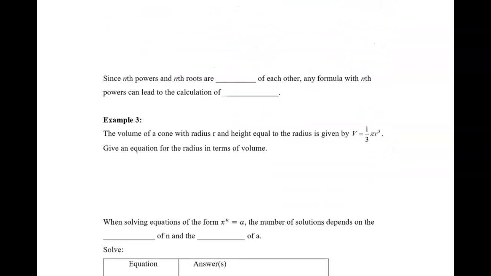Since nth powers and nth roots are inverses of each other, any formula with nth powers can lead to the calculation of nth roots. What this means is that if you square something, the inverse or opposite is to square root it. If you cube something, the inverse or opposite is to cube root, etc.